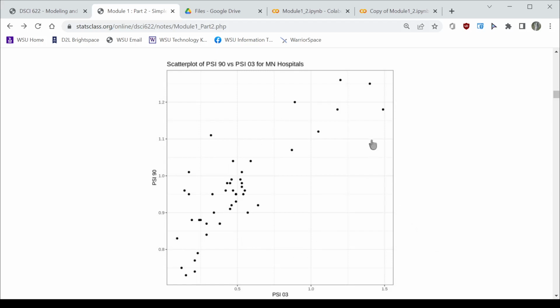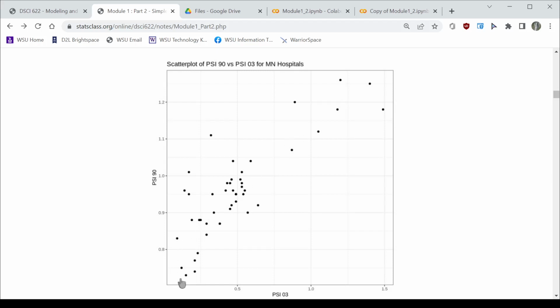Some observations that I see when I look at this plot is that as the pressure ulcer rate goes up, I can see that the composite score for patient safety goes up as well. So there is an increasing trend or a positive trend in this scatter plot.